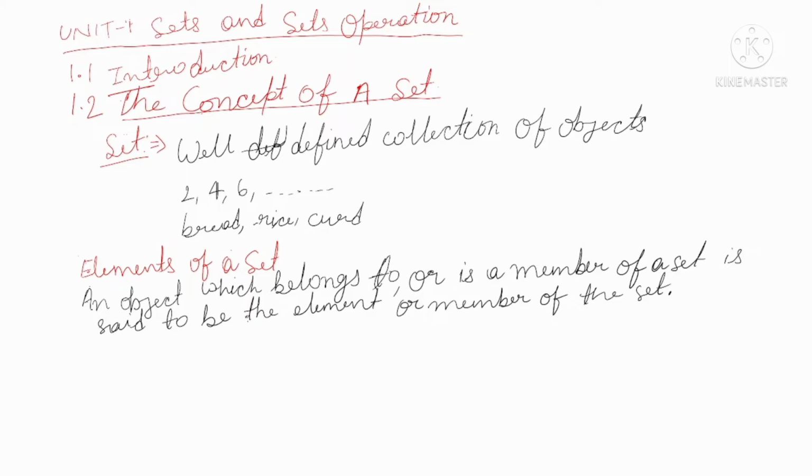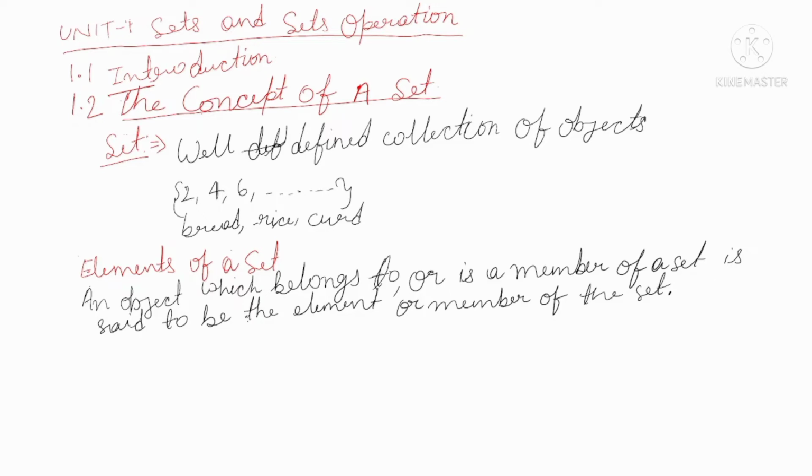Now next, elements of a set. Now here, if this one is a set, generally when we write elements of a set, then we use curly brackets, and we write the elements inside the curly brackets.